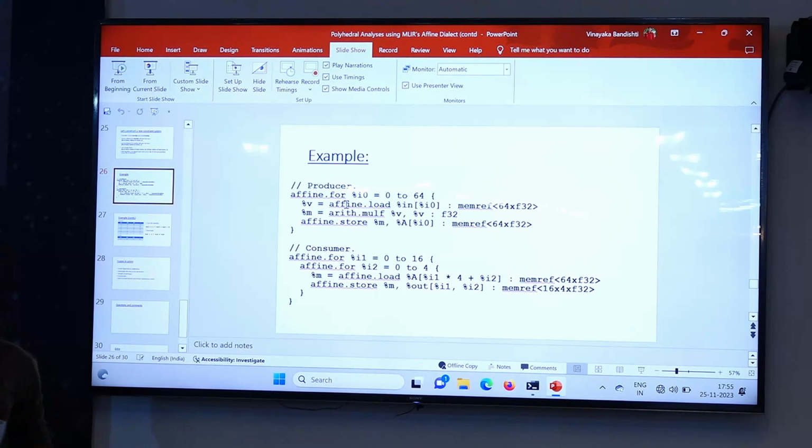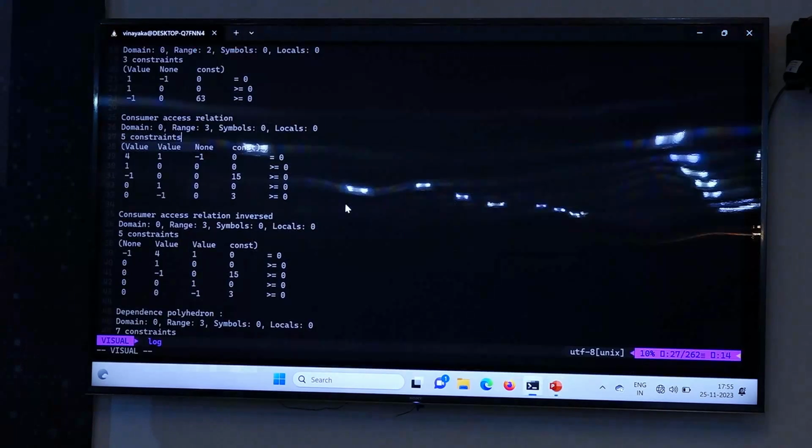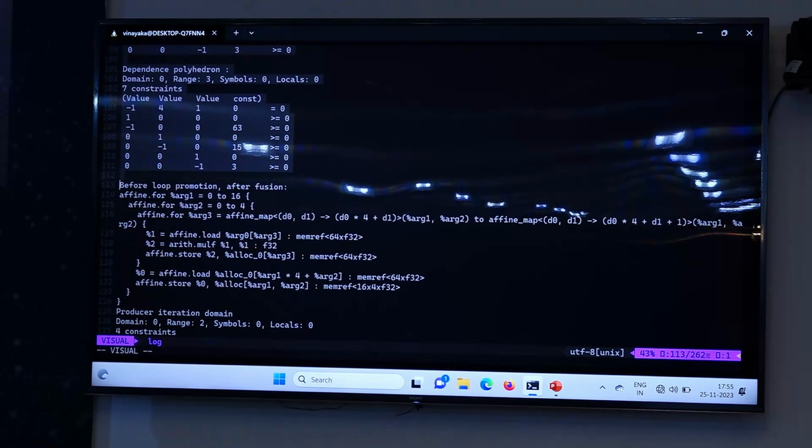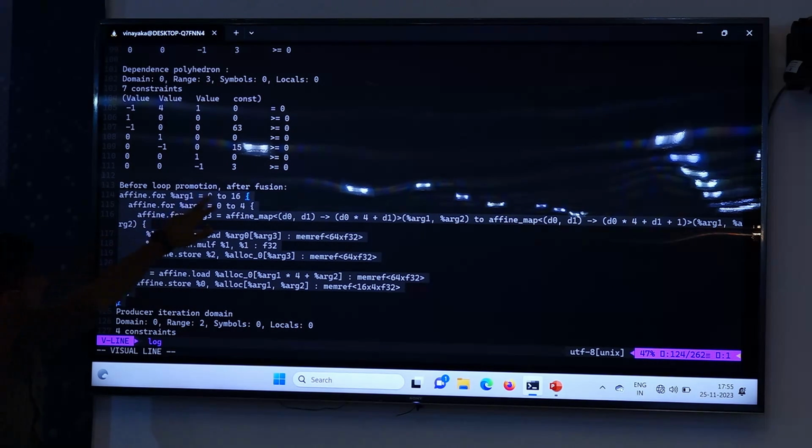Right? I'll show it in action. I think it will be clearer. Concentrate on this. So this already existed. This is a second loop nest, 16 cross 4 nest. These two already existed. Now I introduce something else here. Now this is the slice of the source.